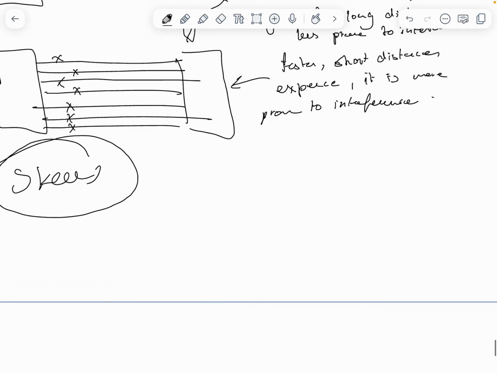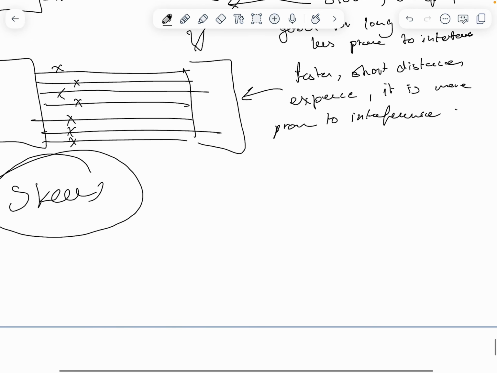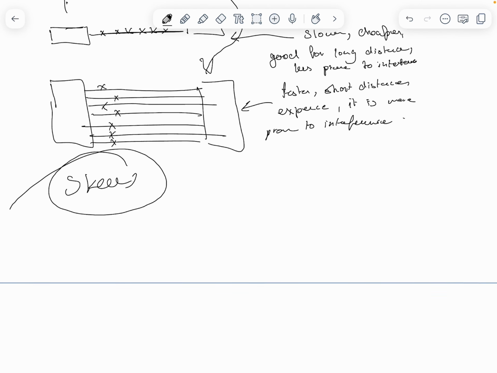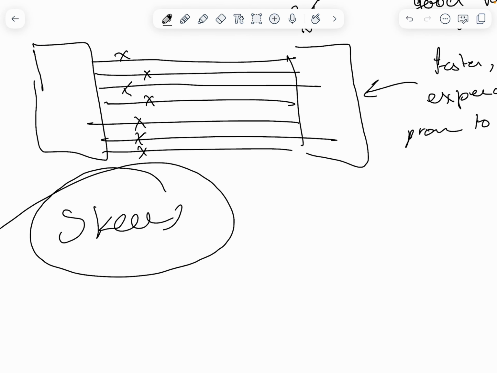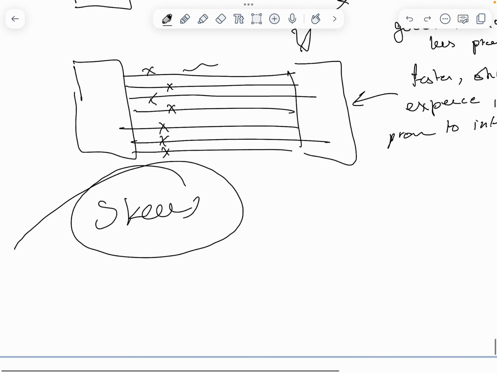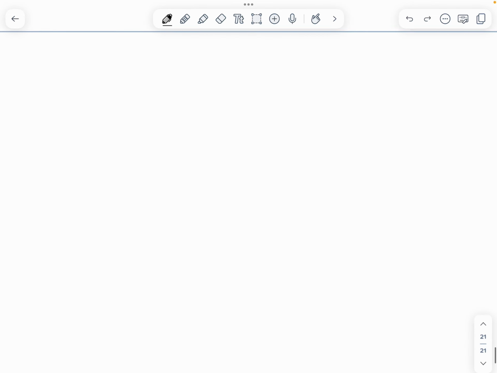And because of the skewing, it leads to data arriving at different times. That could lead to interference. Furthermore, because they're on the same line, the bits can get corrupted because of the electrostatic force, but we don't need to go into much detail. That causes more interference because there's more lines.